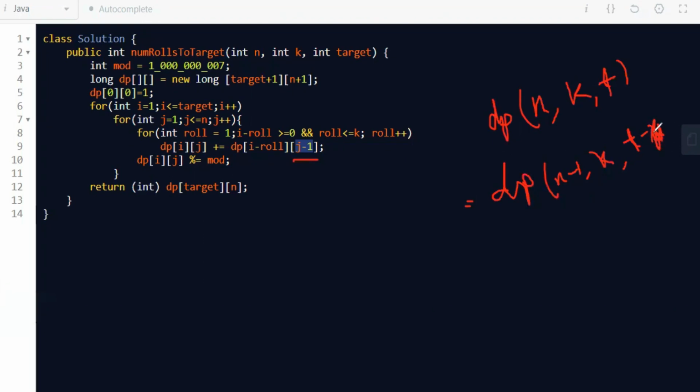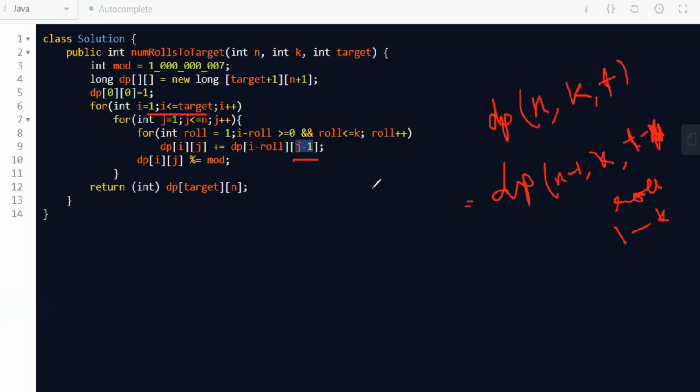So k is not a fixed value over here, so in place of k we have a variable called role, and this role is a variable that is running from 1 till k, right? So we're just subtracting our role from our target. The target is our current target, 1 to n, and now i minus role is giving us target minus our previous value.